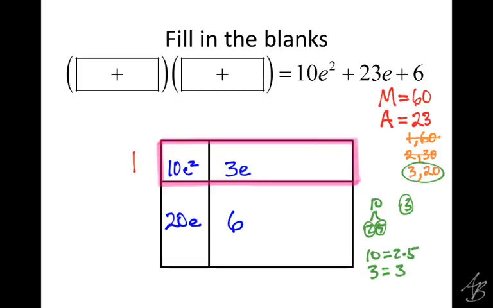How many E's do they have in common? 1 in common, because this one only has 1 right here, right? So the GCF of 10E squared and 3E is 1E, and we're going to use that as the height. Now, since I know the height there, I can put that in this rectangle, and I can put that in this rectangle.